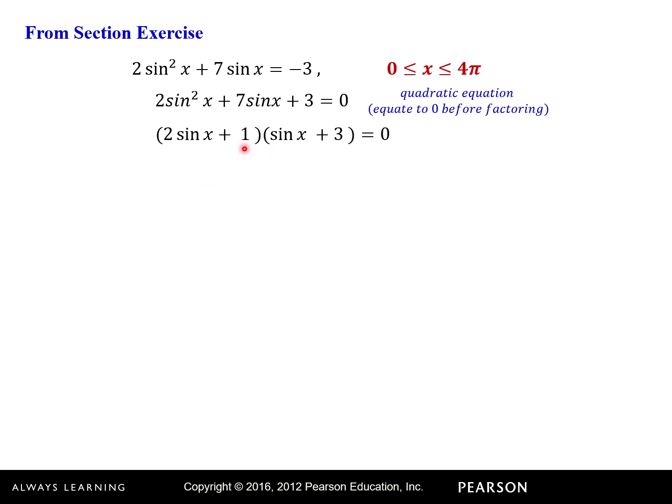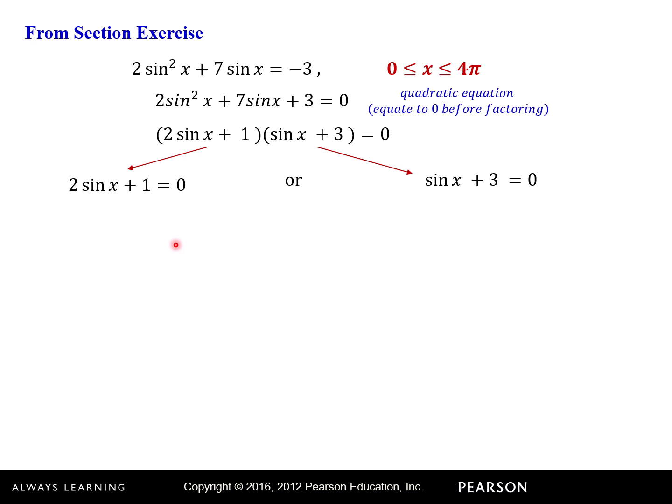So the inner product is sine x, and then plus 6 sine x is equal to 7 sine x. So these factors are correct. Then after that, you can use the zero product property by equating both of these to 0. So you will get 2 sine x plus 1 equal to 0 and sine x plus 3 equal to 0.